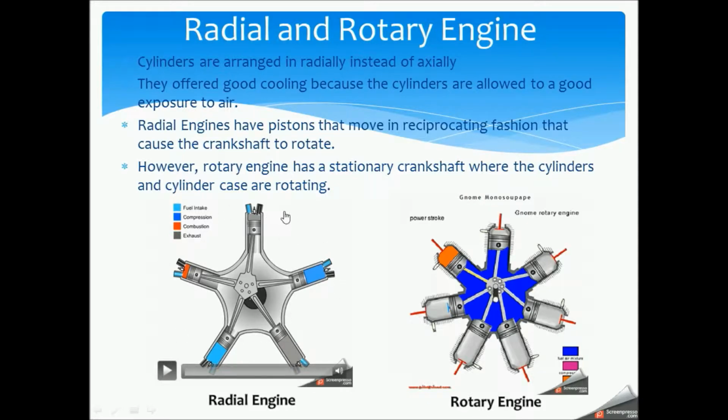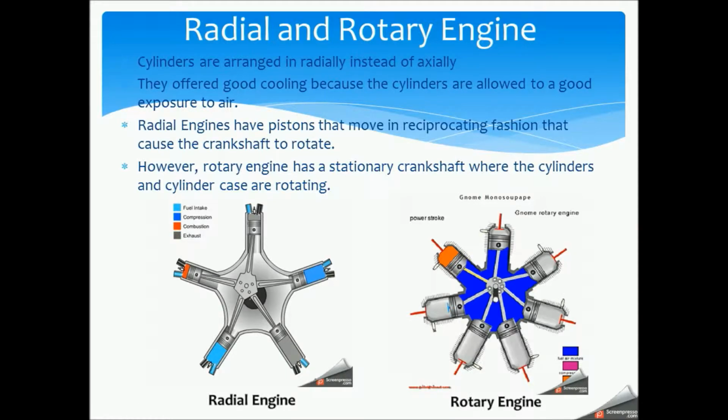This design of the radial and rotary gives the engine a good cooling system, because each of the cylinders has a high exposed area to the air. That's why it can cool better than the inline and opposed engines.